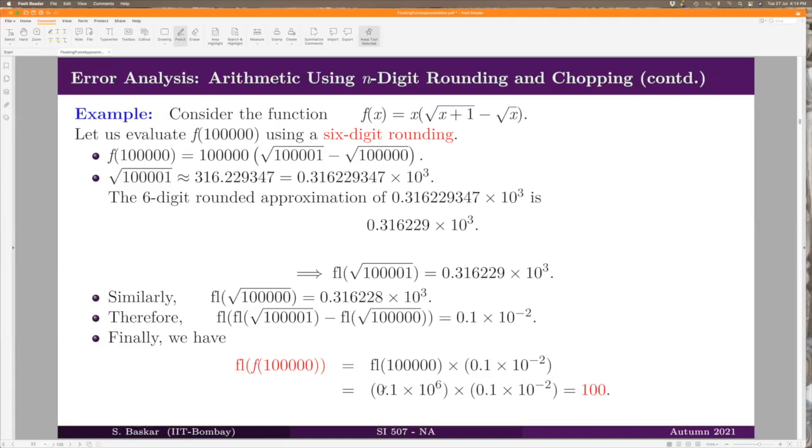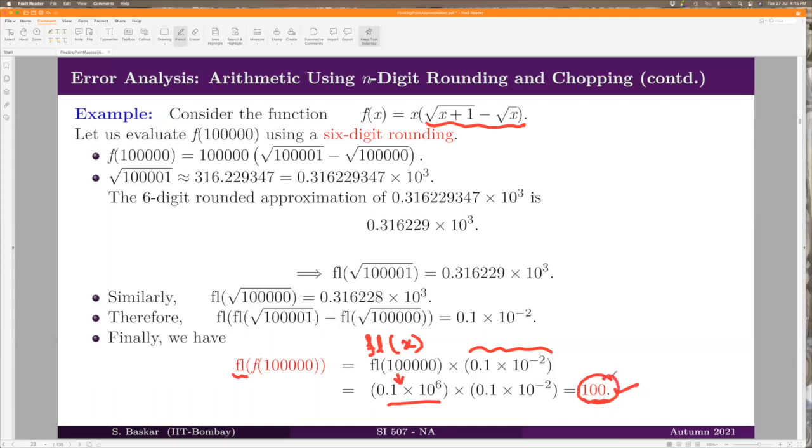So you have the floating point approximation of x, FL of x, which is this, and your already computed value in this bracket is this. You multiply both and take a floating point approximation, that is 6-digit rounding, and you get this value. Therefore, using 6-digit rounding, we get the answer as 100.